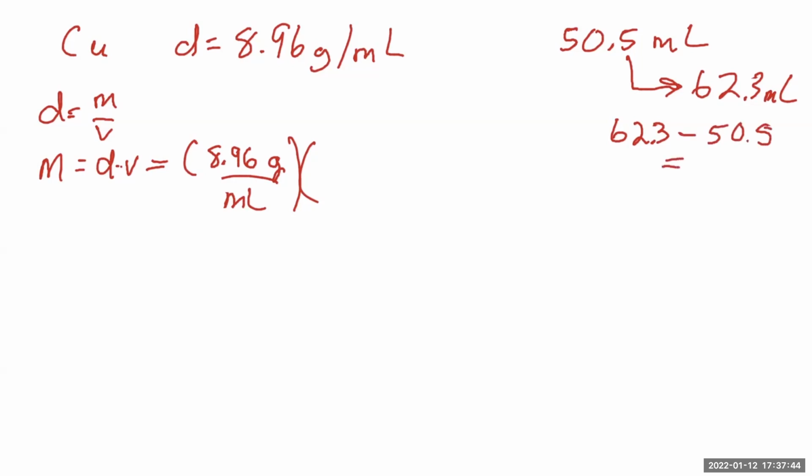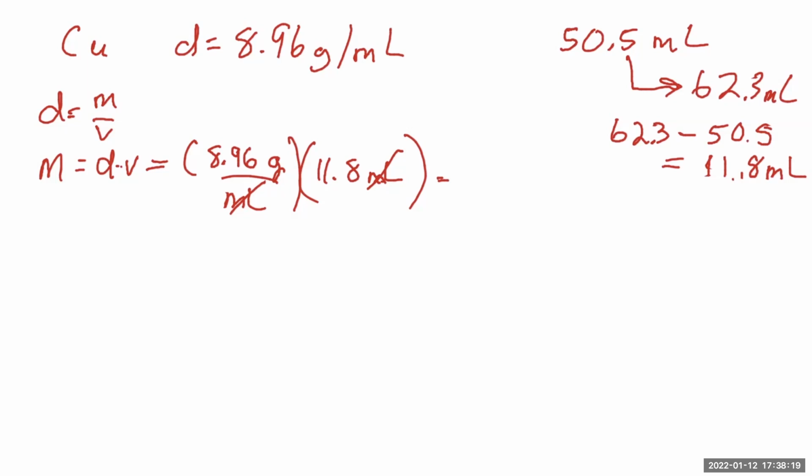That comes out to 11.8 milliliters was how much the water was pushed up. So we know the volume is 11.8 milliliters. Milliliters cancel, and we're left with grams. So 8.96 times 11.8.